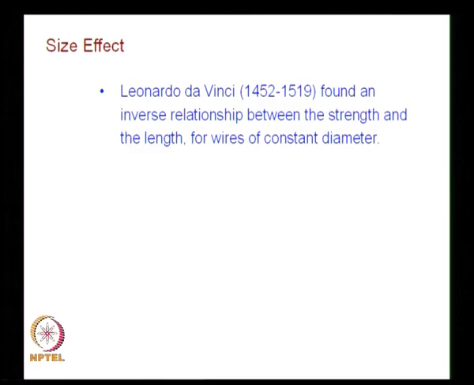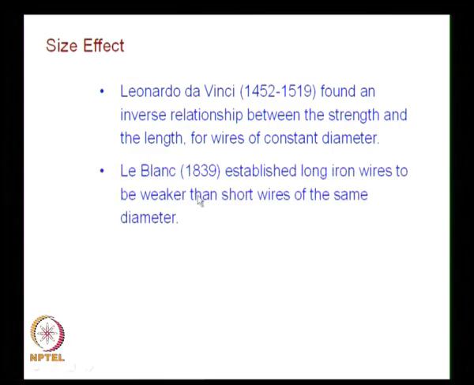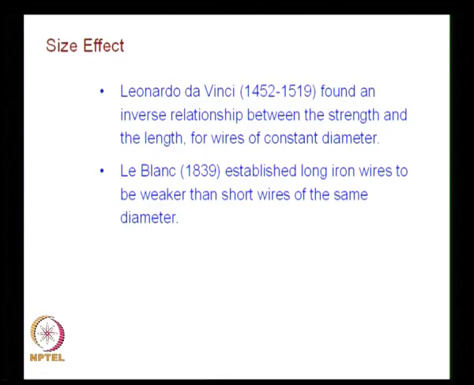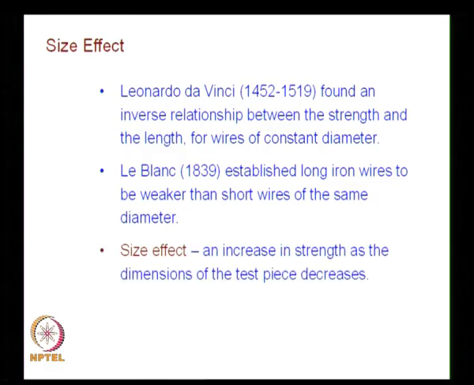You have to find out reasons for such a behavior, and later you find that another person, Lee Blanc, in 1839, also established long iron wires to be weaker than short wires of the same diameter. So, people are finding there is something to do with the size, and they generalized it as a size effect, and they reported an increase in strength as the dimensions of the test piece decreases.